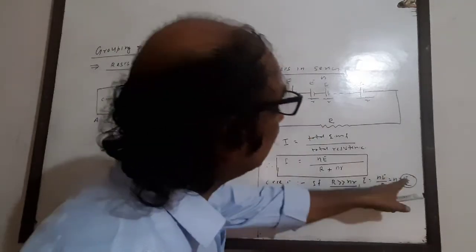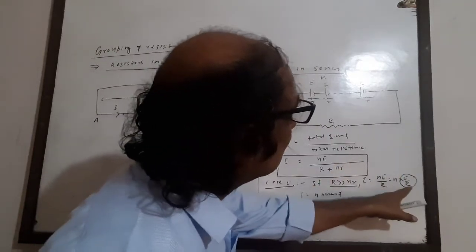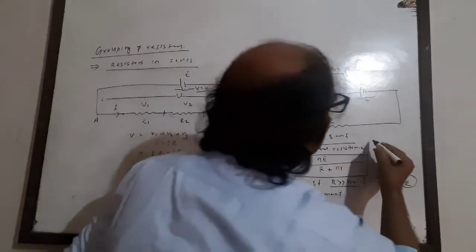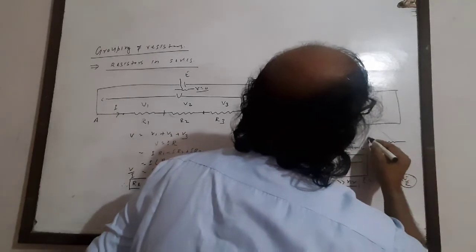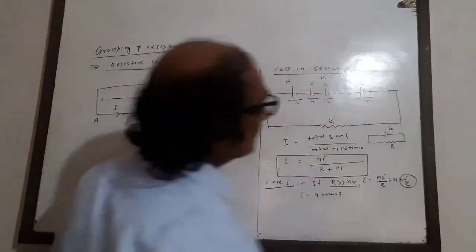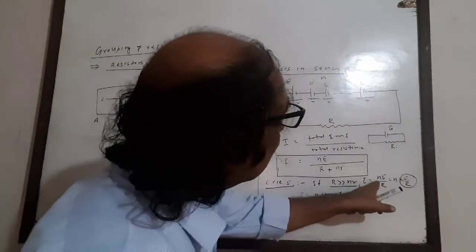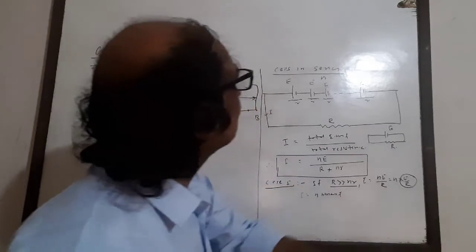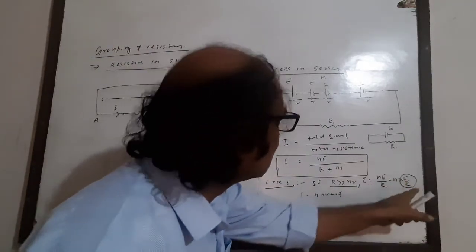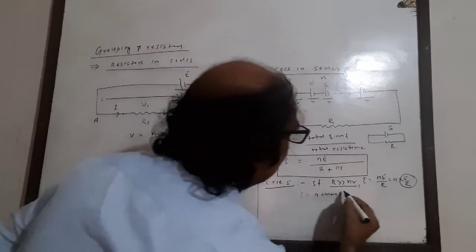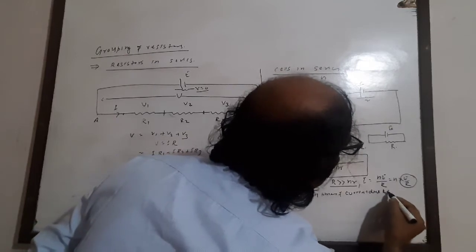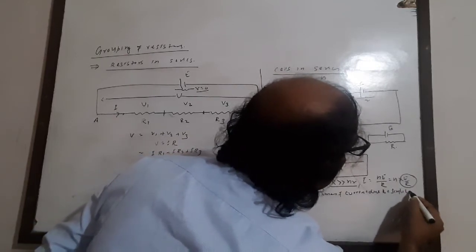If there is only one cell of EMF E and only the external resistance R, the whole circuit can be considered as a cell of EMF E and the external resistance R. So if a large number of cells, n, are connected, the current is multiplied: n times the current due to a single cell.